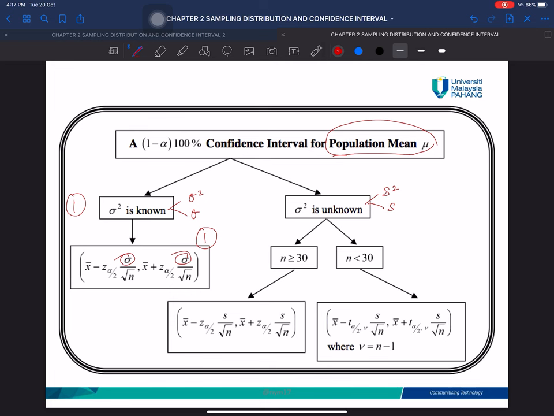First, no need to memorize the formula. All the formula here is in your statistical table, page 5, confidence interval for the mu. When you have class with your lecturer, virtual class, then you can ask the lecturer to show you where the formula is in that statistical table.